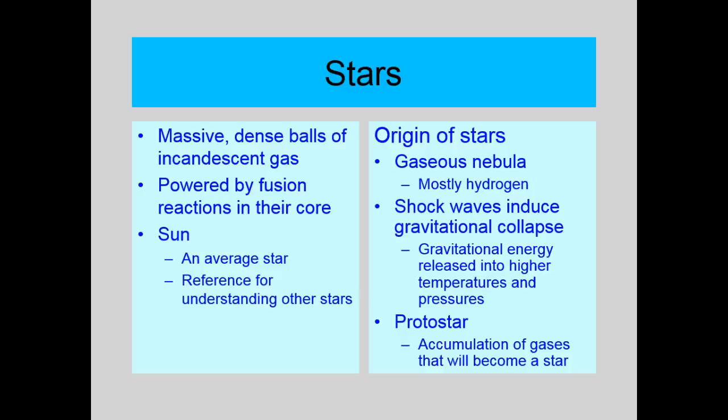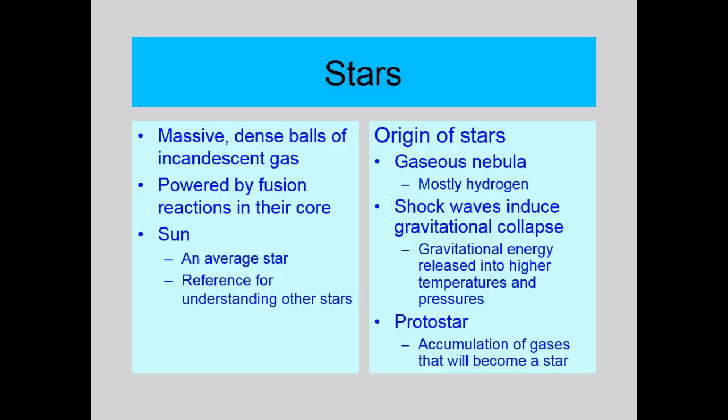And so you bring these molecules close together, and they're not static, they're moving. And as they're moving close together, what happens if you rub your hands together? They get hot, exactly, okay? So the gravitational energy is released into higher temperatures and higher pressures because now you have more molecules closer together. They have more weight per unit area. That's what a pressure is, mass per unit area.